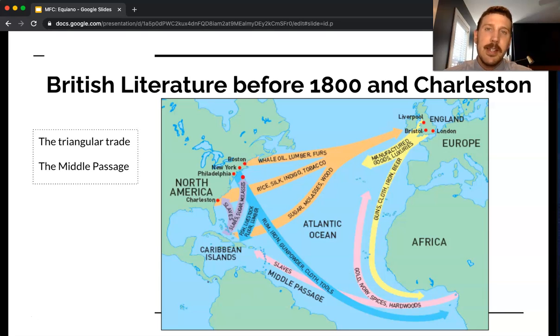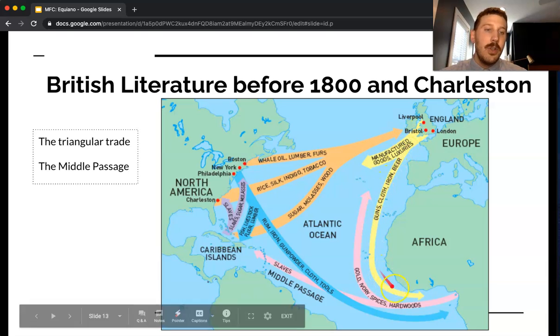The transatlantic slave trade was often referred to as the triangular trade because of the triangle that you can see on this map. Traders from England would bring things that were manufactured or made in England to the coast of West Africa, which they would then use to trade or barter for enslaved persons.